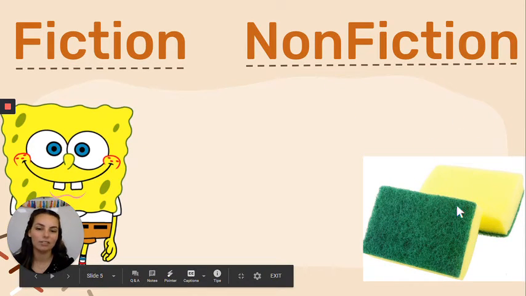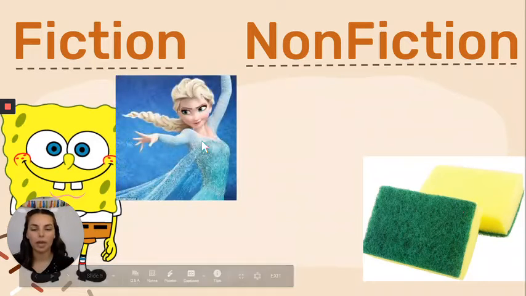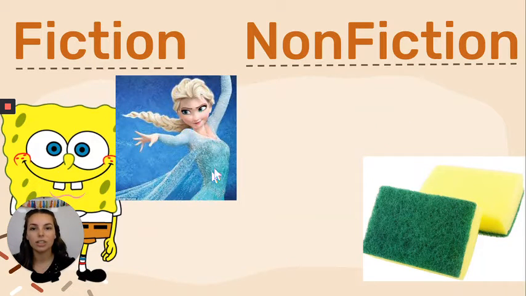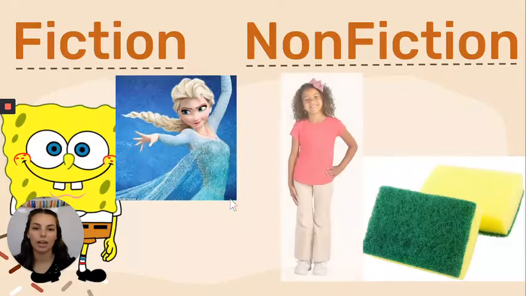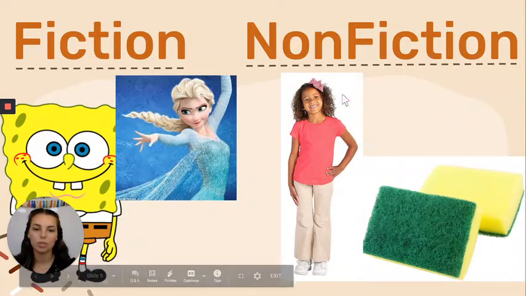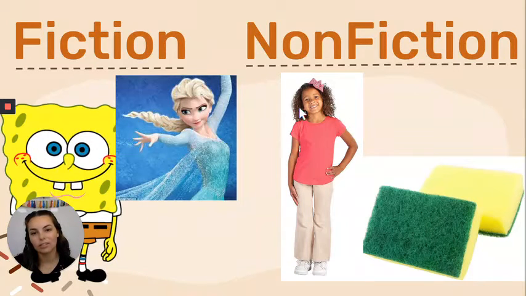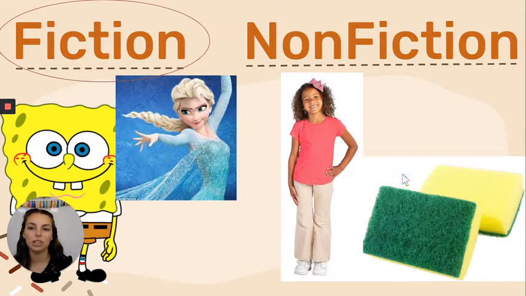So this is non-fiction. Or we have Elsa over here. She is a real person, but she's a cartoon character. So she's not real like this little girl is real. So fiction, fake; non-fiction, real. And fiction stories are going to be the ones we're looking for to entertain us.